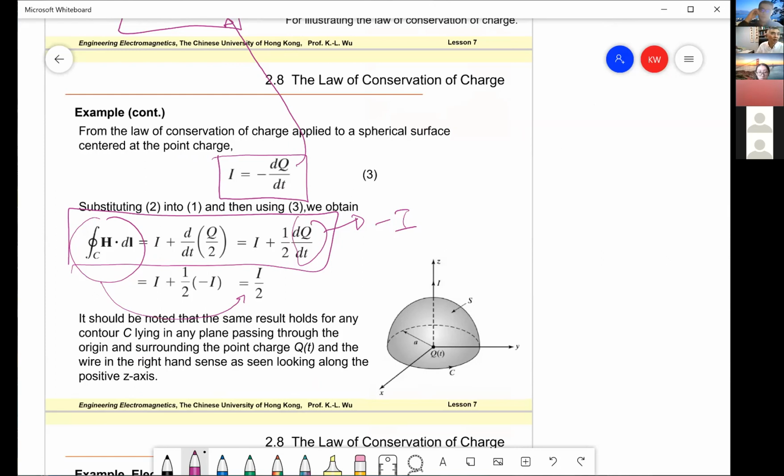So this result is true for an arbitrary contour C. For an arbitrary contour C, the circulation of the magnetic field is equal to half of the current, because in this case, we assume the current only goes in half of the semi-infinitely long direction.